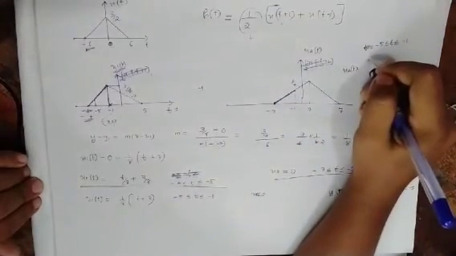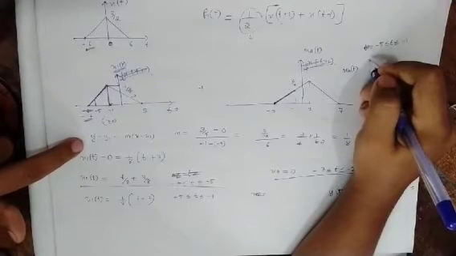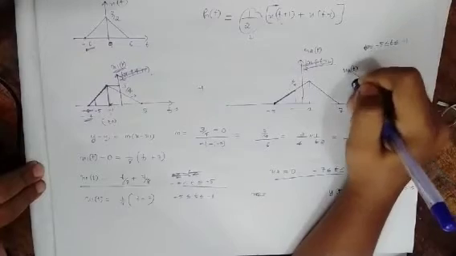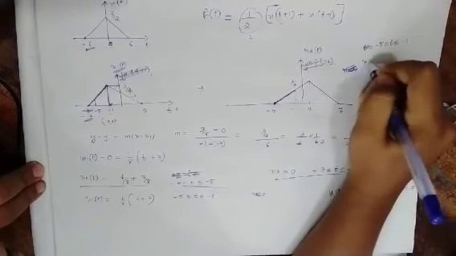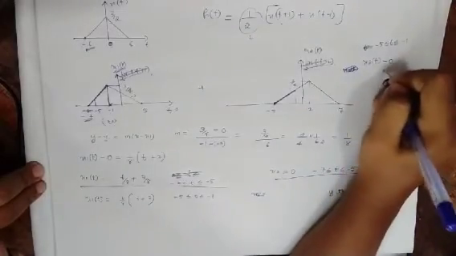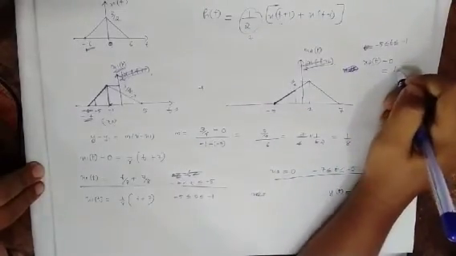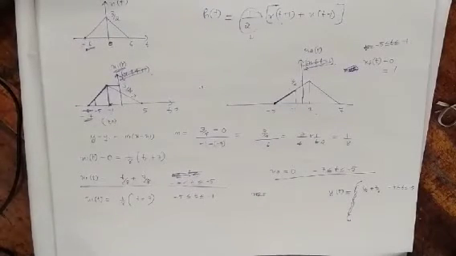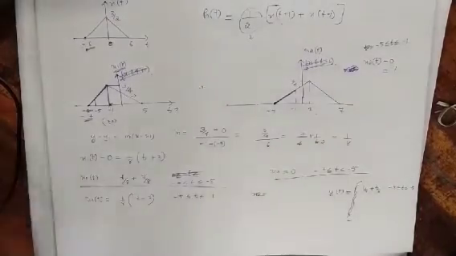So I am going to write the same equation, y minus y1 equal to m into x minus x1. So instead of y, I am going to write x2 of t minus y1, which is again 0, equal to the slope. These two are same triangles which are actually shifted to the left and right by 1 unit, so it will have the same slope.